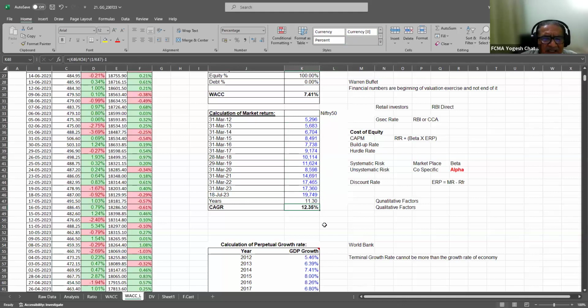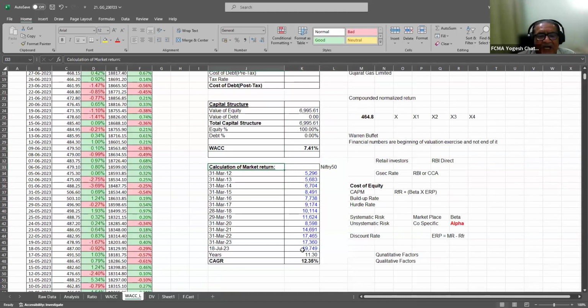So based on that, this is the compounded average growth rate of Nifty 50. So that is actually the market return. We can say if I invest in Nifty 50, I can get a compounded average growth rate of around 12%.